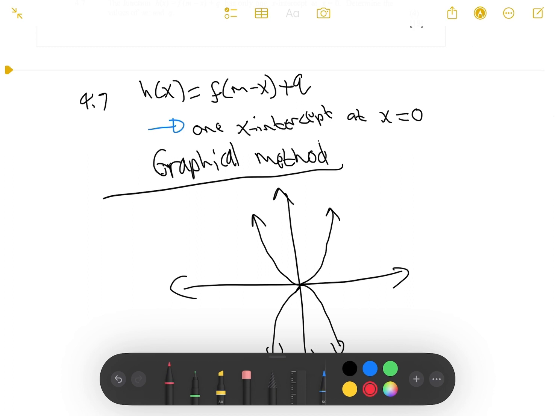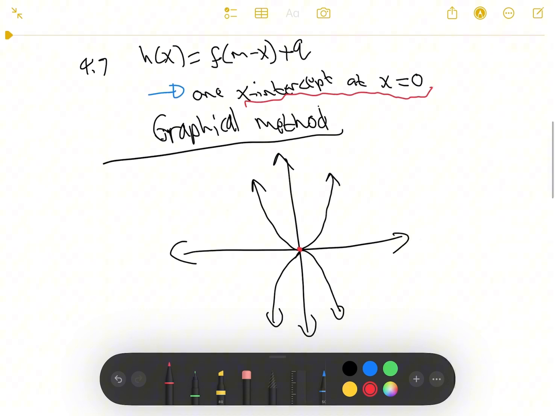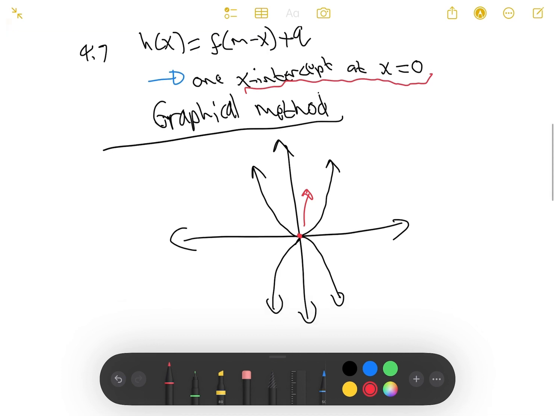Let's note that it has one x-intercept at x equals 0. For a graph to have one x-intercept at x equals 0, that is basically the origin, so the graph will either face up or down, but in any case it has to pass through the origin with one root, or one x-intercept. So it touches the x-axis once.